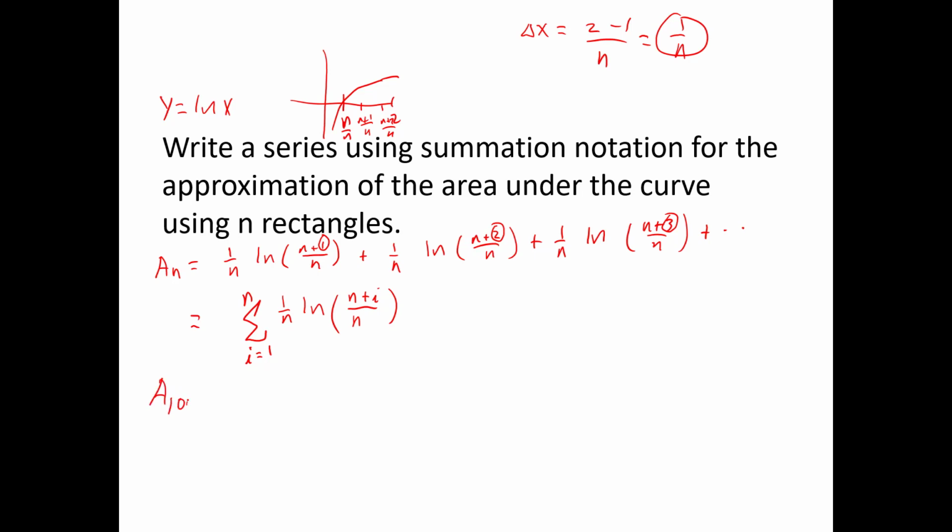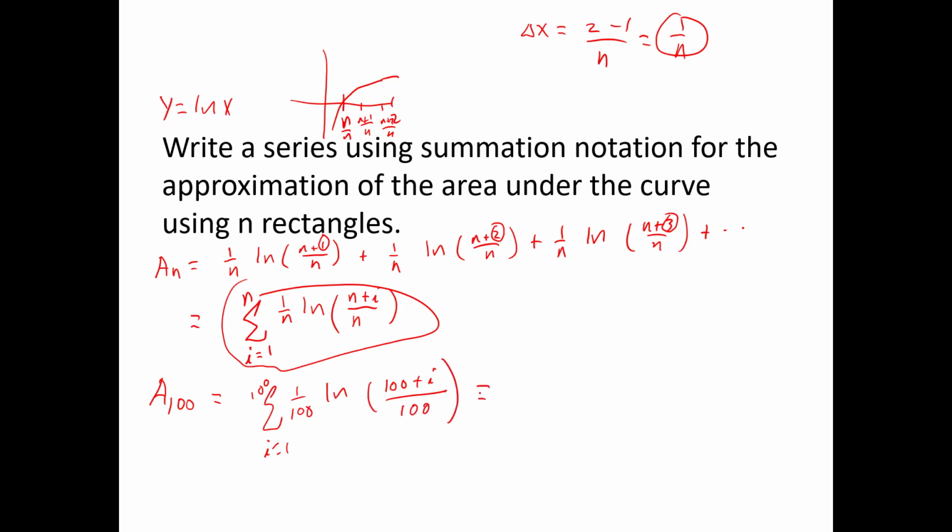And so now I'll be a little less aggressive and approximate the area using 100 rectangles. No need to start all over. Now we know that n is 100, so we can just go and put 100 in right here. So this will be the summation from I equals 1 to 100 of 1 over 100 times the natural log of 100 plus I, all divided by 100.